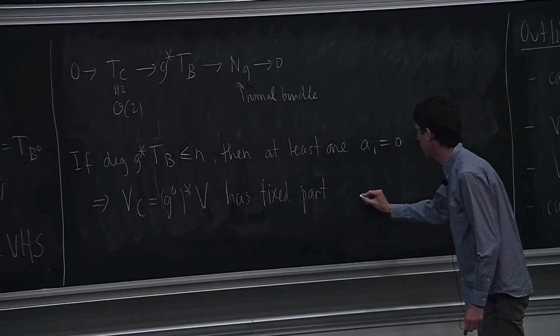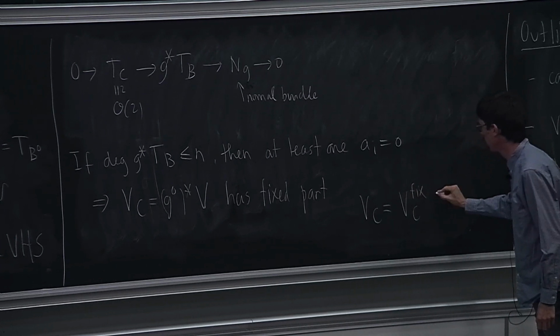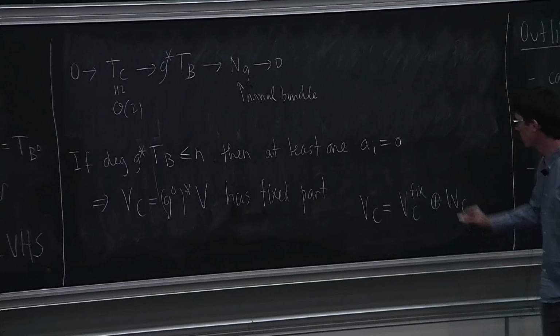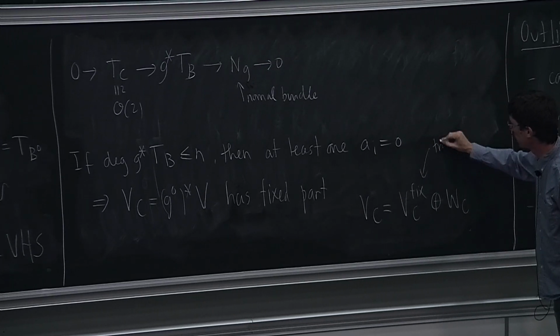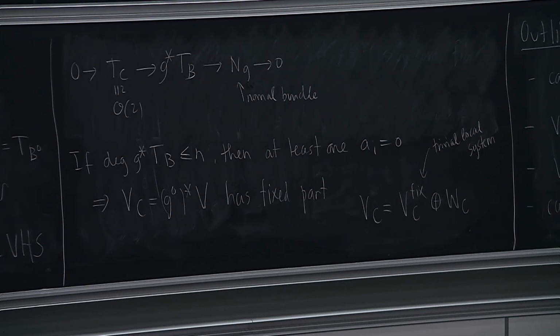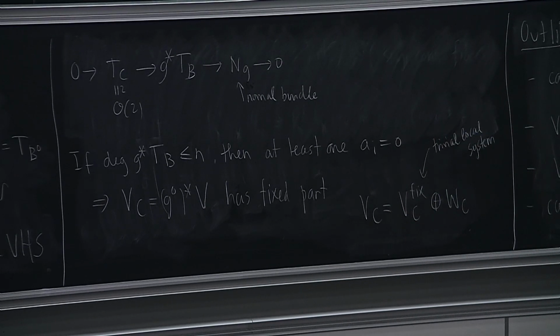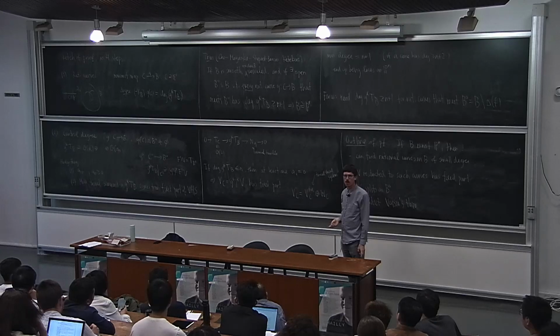Okay, and so then in that case, I get this kind of decomposition into the fixed part and the part that's not fixed, where here the local system is trivial. Right, that's what ends up happening. So if B is not Pn, by contradiction, then this has to happen, and so then I see it in the VHS by the VHS having a fixed part on each curve. Yeah. Well, because all of them are non-negative, and there's n of them, and one of them is 2 or bigger.